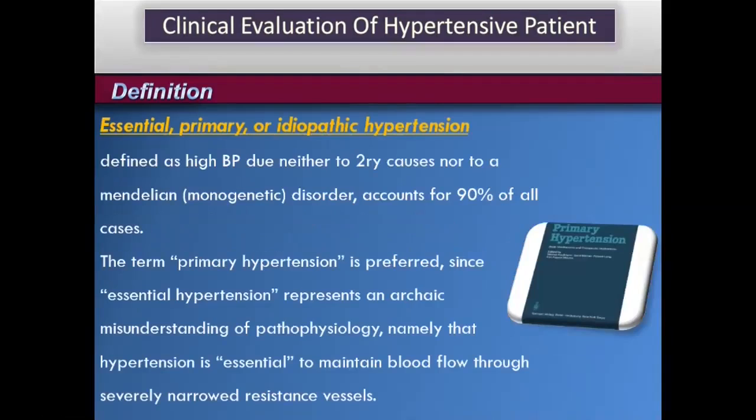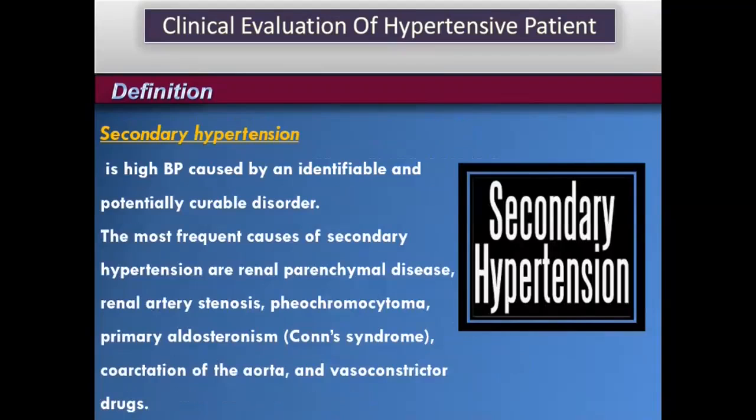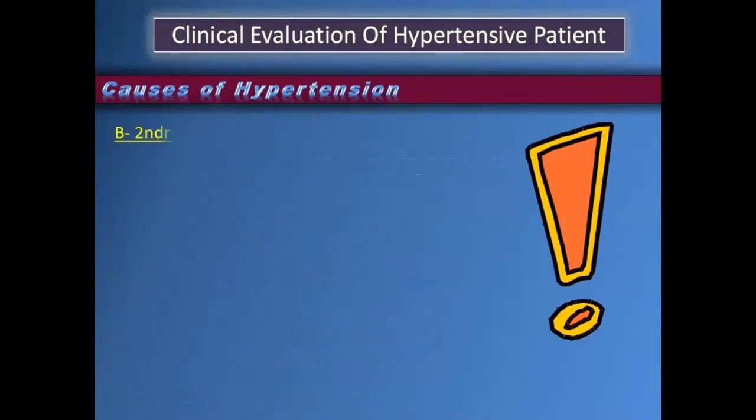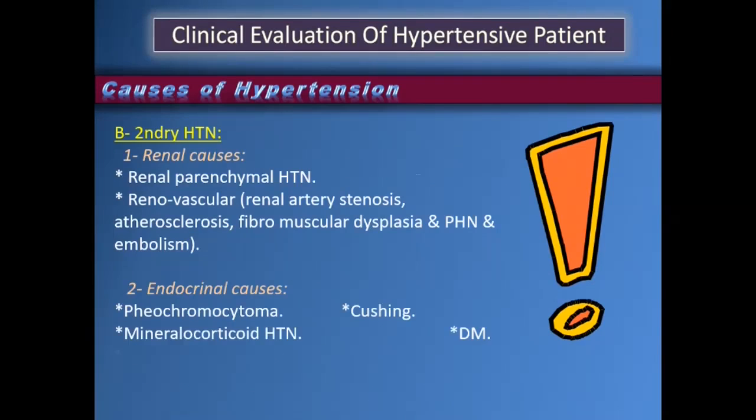Primary hypertension is defined as hypertension without identifiable etiology, and there should be a genetic background with environmental factors, while secondary hypertension is due to identifiable and potentially curable etiology, which includes renal, endocrine, cardiac, neurogenic, and vasoconstrictor drugs. Renal due to renal parenchymal disease or renovascular hypertension.